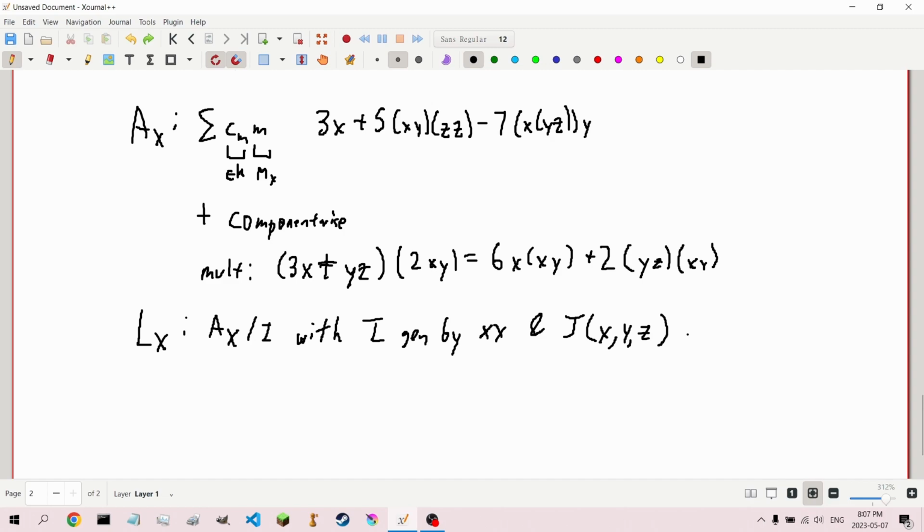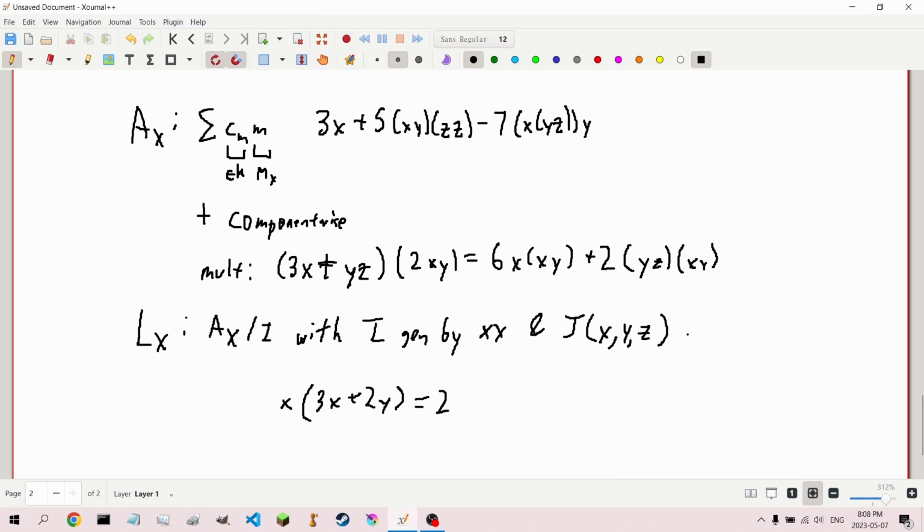So let's say I want to multiply x times, I don't know, 3x plus 2y. Well, we're going to get 3x squared, but x squared is in our ideal, so that's going to disappear to 0.